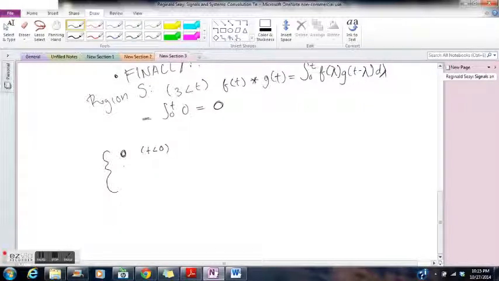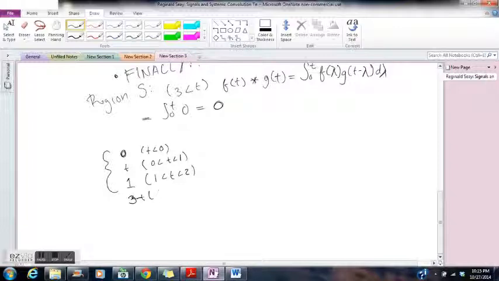And then we can say that t is the value that we got from the region 0 less than t less than 1. And then we can also say that 1 was the value that we got for our region 1 less than t less than 2. And then for region 4, we say 3 minus t, because 3 minus t is the value that we got.